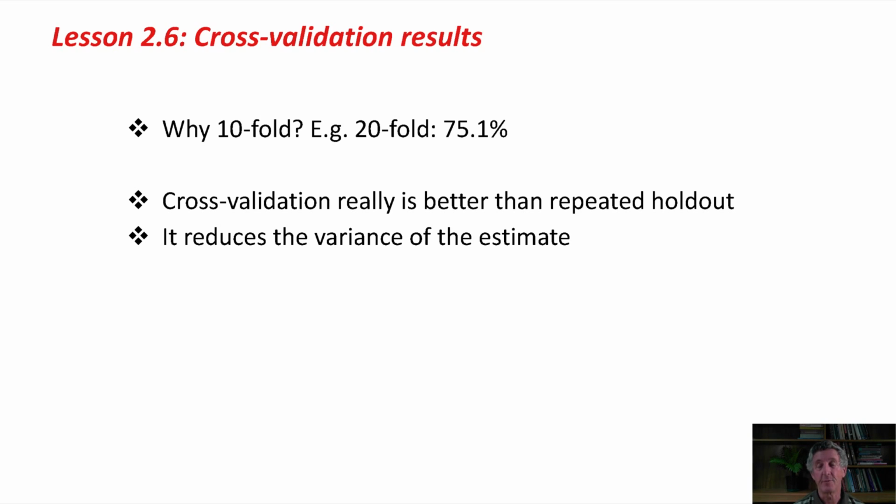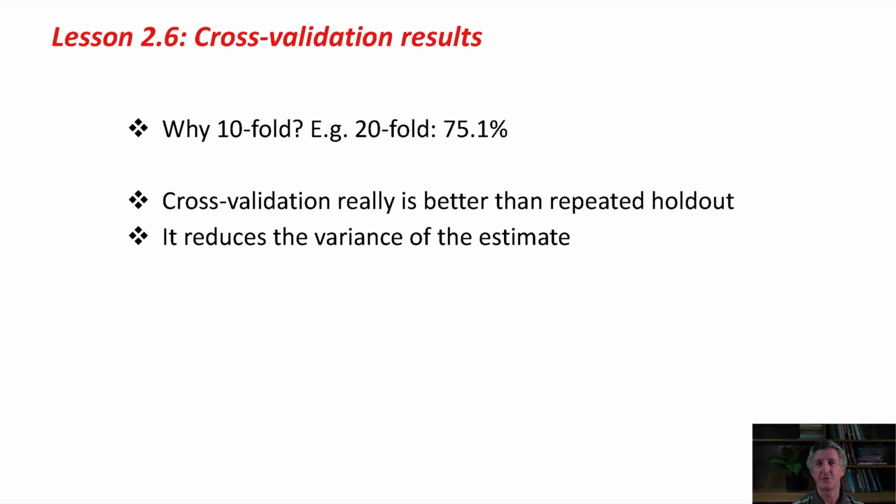Why not 20? Well, it's a good question really, and there's not a very good answer. We'd like to use quite a lot of data for training, because in the final analysis we're going to use the entire data set for training. So if we're using 10-fold cross-validation, then we're using 90% of the data set for training. Maybe it would be a little better to use 95% of the data set for training with 20-fold cross-validation.